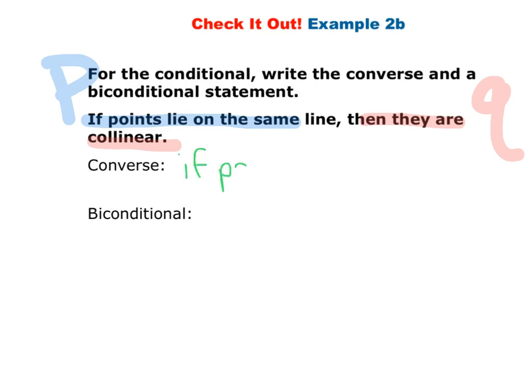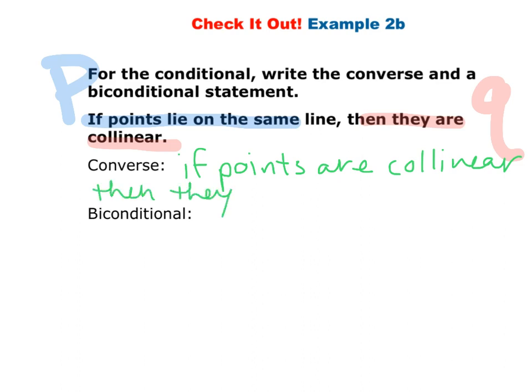If points are collinear, then they lie on the same line. So the converse is if Q, then P.